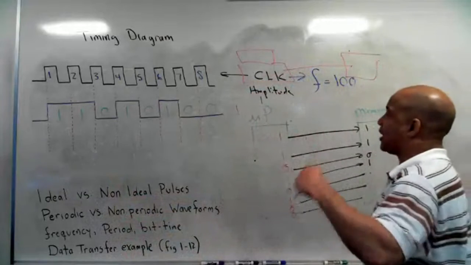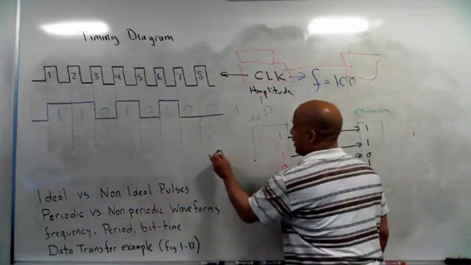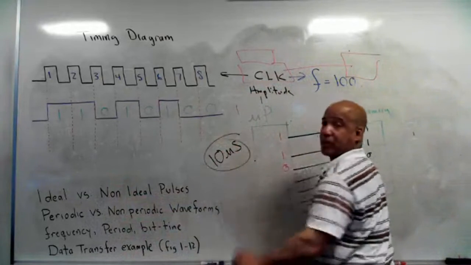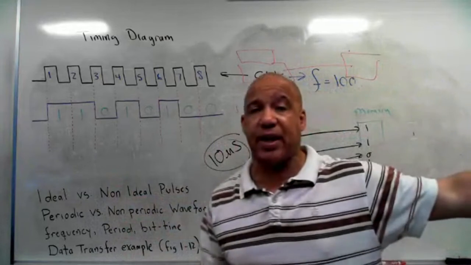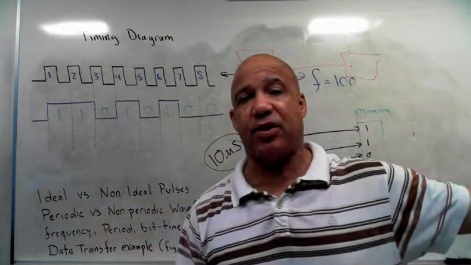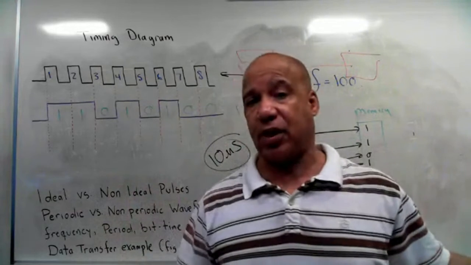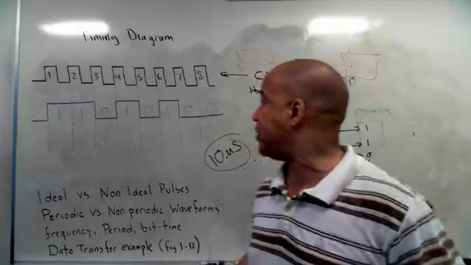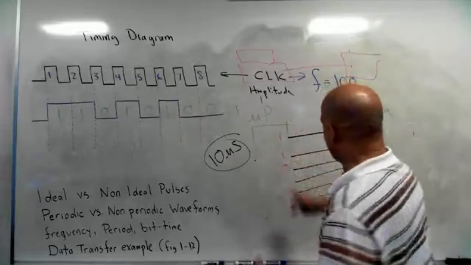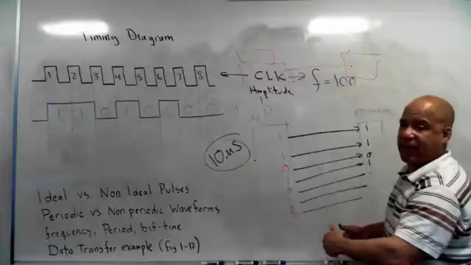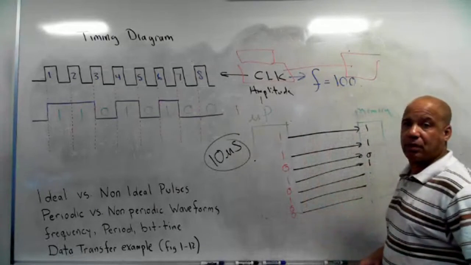The answer would be, it would take 1 click of the clock, and remember that was 10 microseconds. It took 80 microseconds to move them bit by bit, serial data transfer. It only takes 10 microseconds for parallel data transfer. The disadvantage though is, this is much faster, but you can see it's way more complicated. It requires more lines.